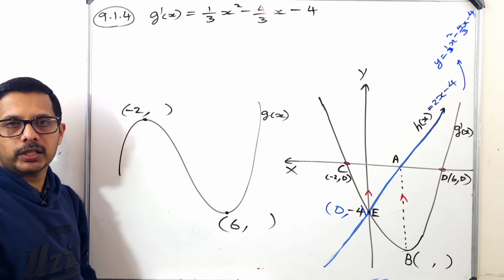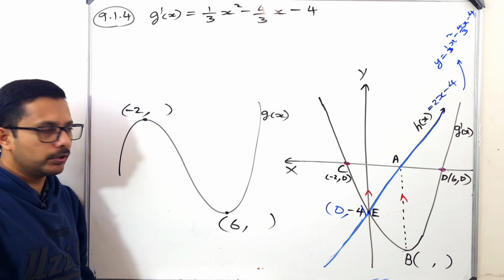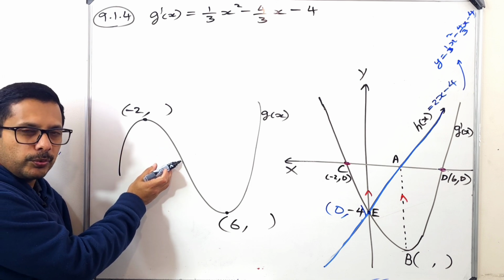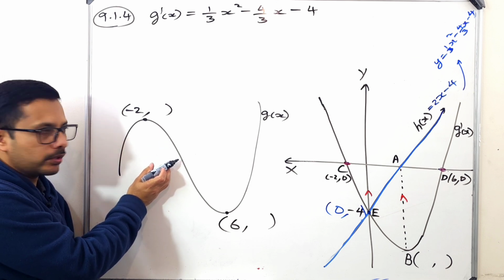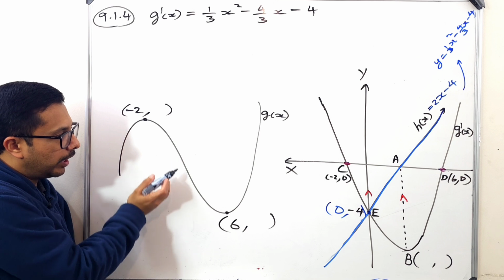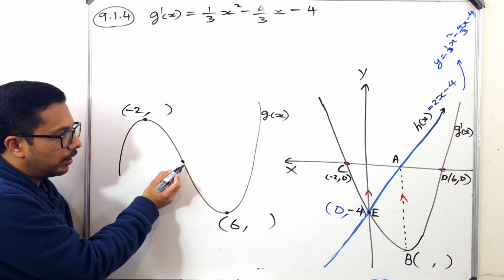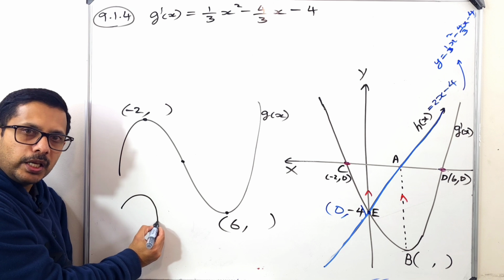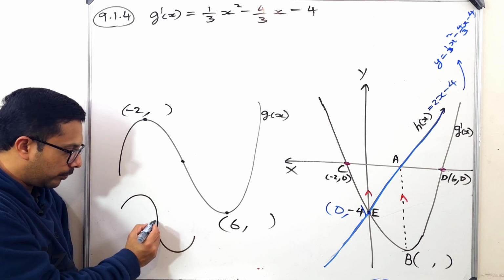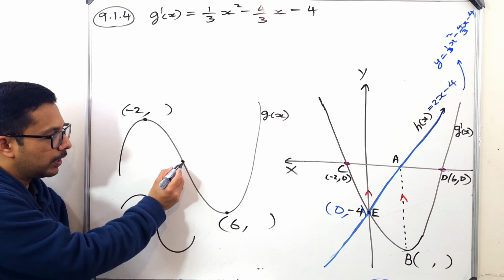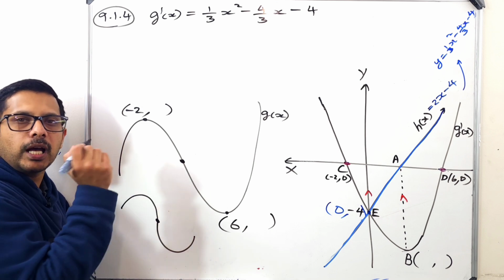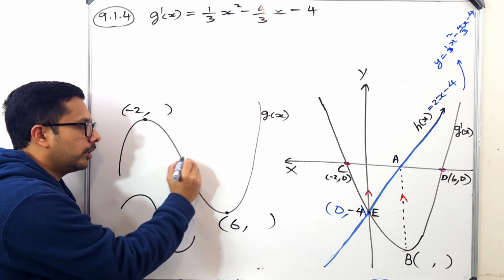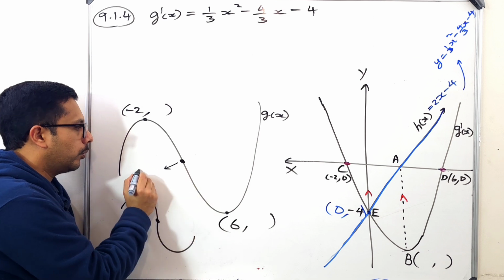Point of inflection. Which point is called a point of inflection? This is concave down. I hope you studied this in your class. This is concave down and there is a midpoint somewhere here, where the concave down changes to concave up. That midpoint is called a point of inflection.